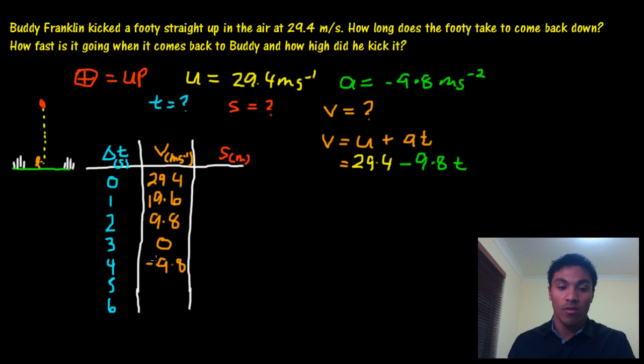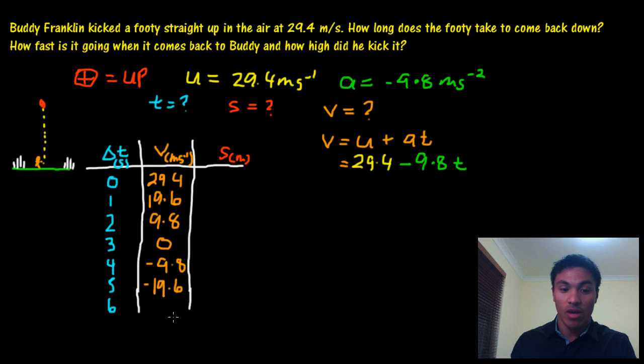Once time equals 4 comes along, it's starting to go down. It has a negative velocity, meaning it's coming back down. Taking away another 9.8 for one more second, it's negative 19.6.